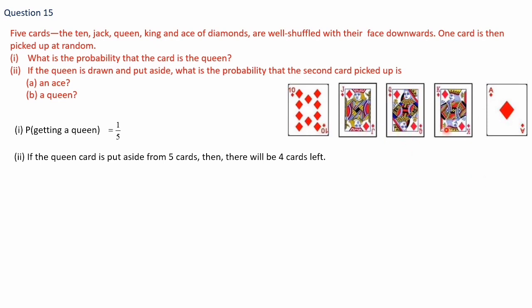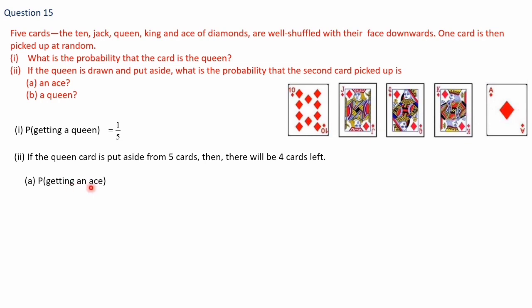And now there are only 4 cards. Queen is not there because you have taken that queen. So probability of getting an ace: there are only 4 cards left because you have taken away the queen in the first part and did not keep it back.